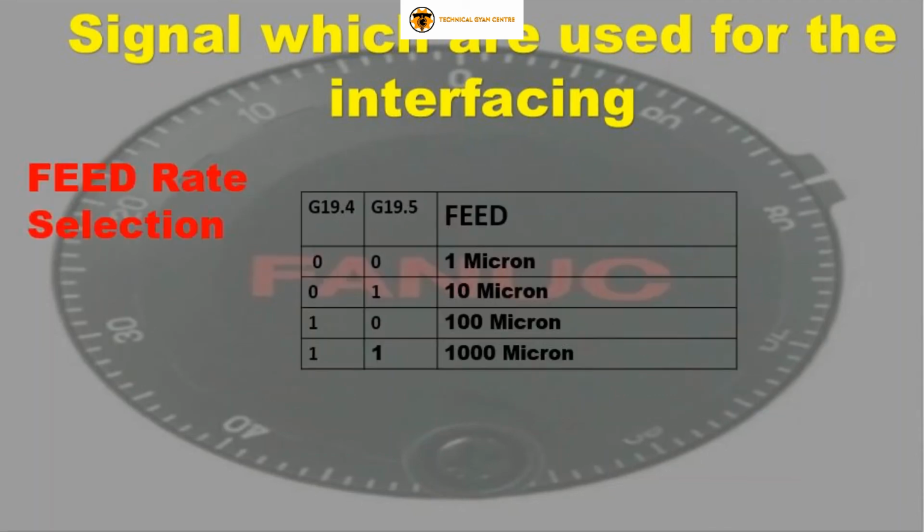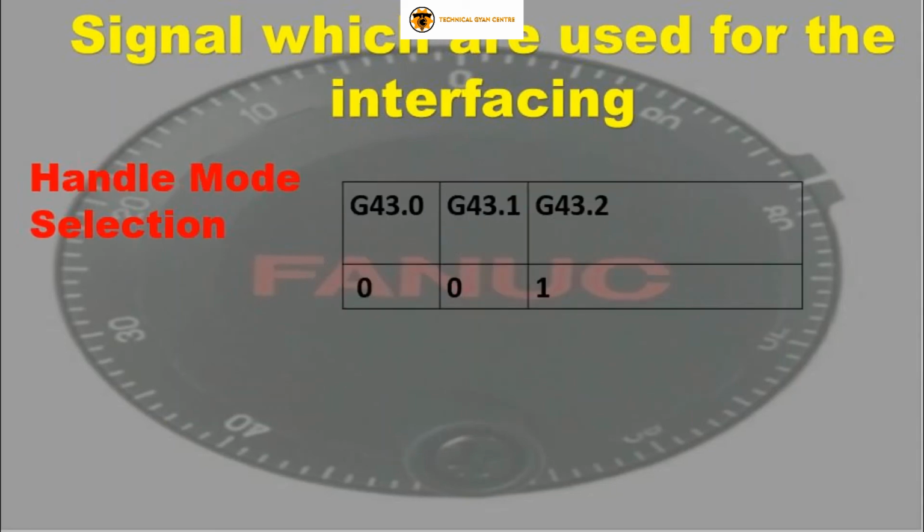G19.4 and G19.5 are for setting the micron limitation of MPG. 00 is for 1 micron, 01 is for 10 micron, 10 is for 100 micron, and 11 is for 1000 micron. G43.0, G43.1 and G43.2 001 for handle mode selection.